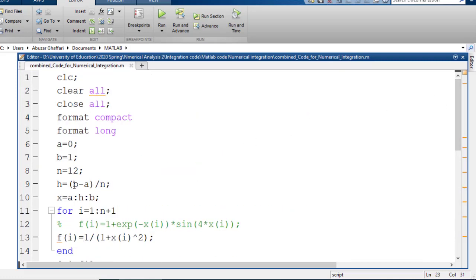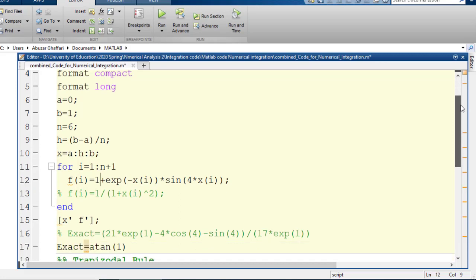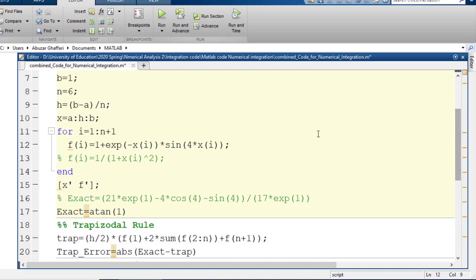First I will solve the first example for n equal to 6. The function is 1 plus e raised to power minus x times sine 4x, and its exact solution is this.